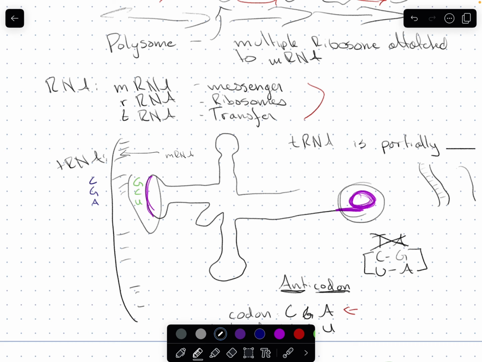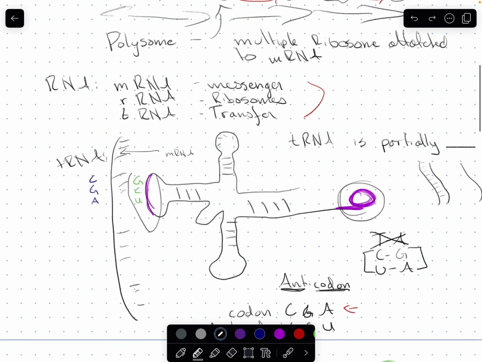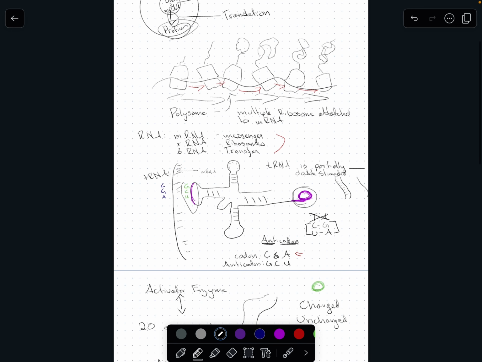And then our mRNA, it's just a single strand. Our tRNA, however, some places, like in here, and in here, and in here, and in here, there are two strands. But places out in here, and over here, and here, it's only one strand. And over here, that's only one strand. And so tRNA is partially double-stranded. It's not fully double-stranded, it's partially double-stranded.